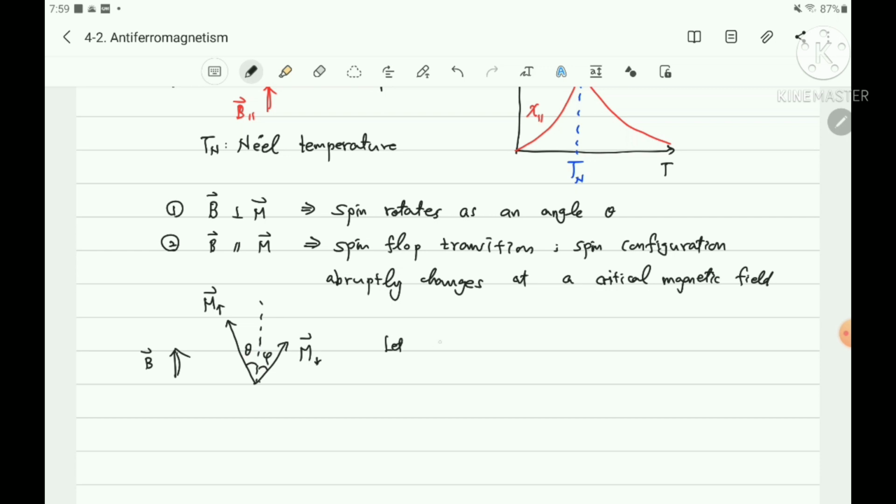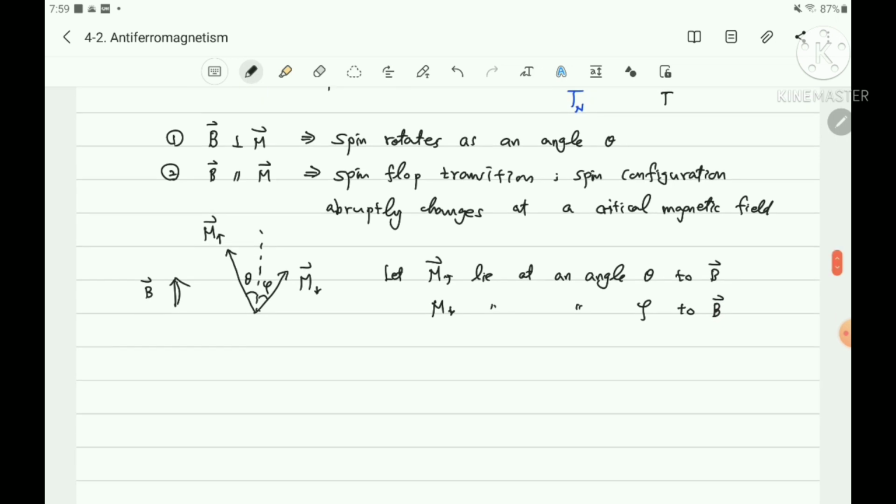Spin up lies at an angle theta to the magnetic field, and spin down lies at angle phi to B. Then the antiferromagnetic ground state is theta equal to 0 and phi equal to pi.